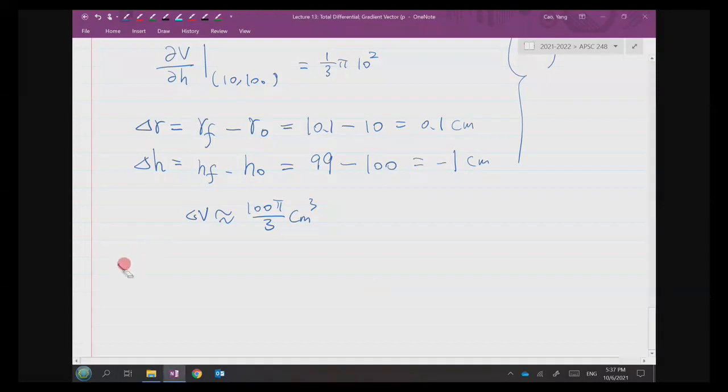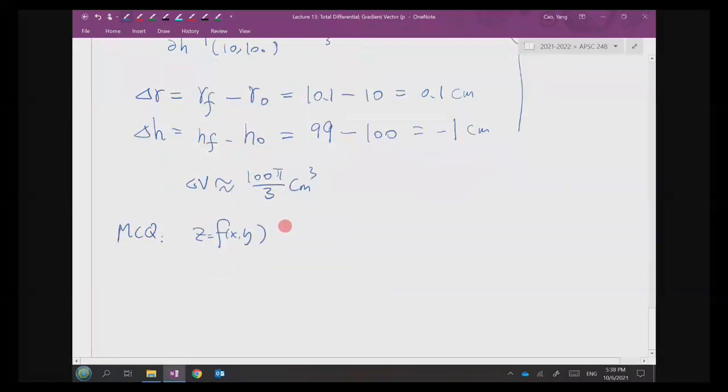Okay, so there's an MCQ question here. Consider that we have a function z equal to f of x, y. I'm going to give you 4 statements. Actually, the writing takes a bit of time.